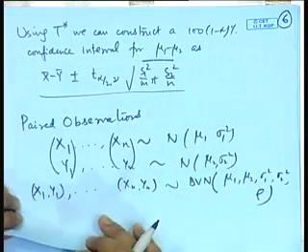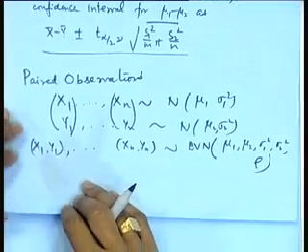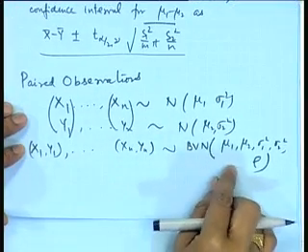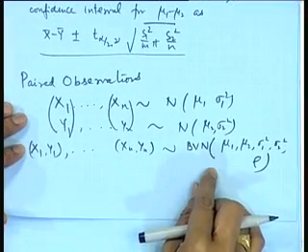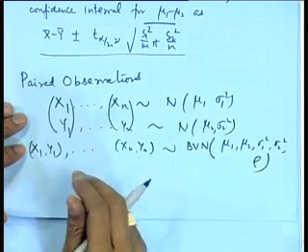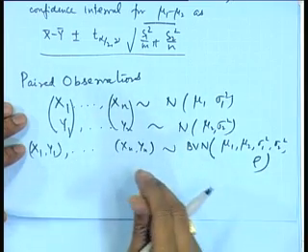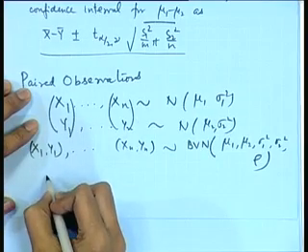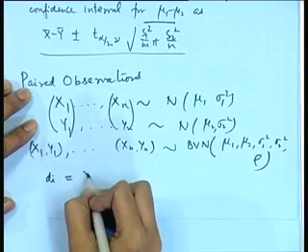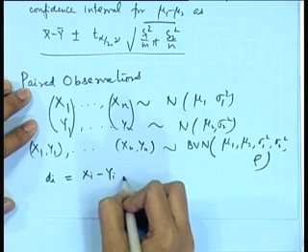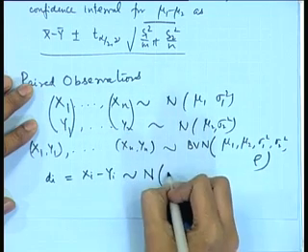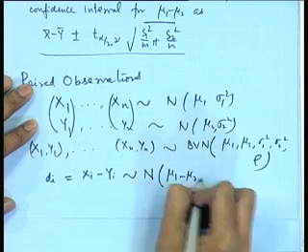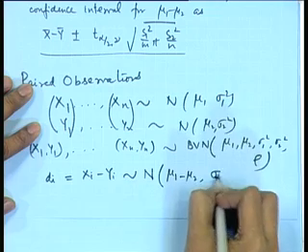A simple procedure for this is obtained by using the linearity property of the bivariate normal distribution, because we know that if the random variable x y has a bivariate normal distribution, then any linear combination a x plus b y again has a univariate normal distribution. So, here if I make use of observations, let me call it d i, that is equal to x i minus y i, then that will follow a normal distribution with mean mu 1 minus mu 2 and some variance, let me call it sigma d square.